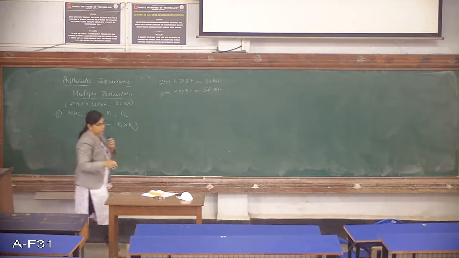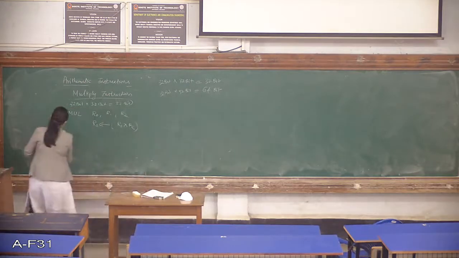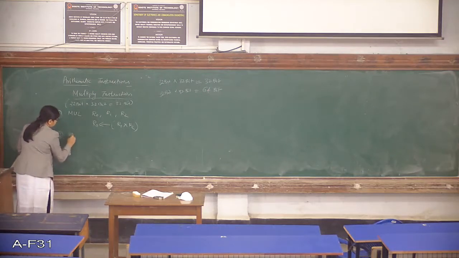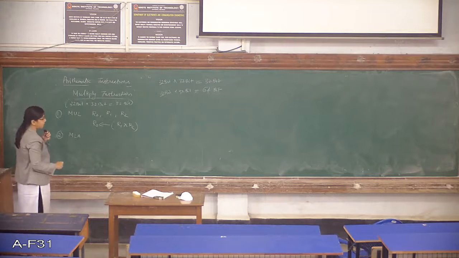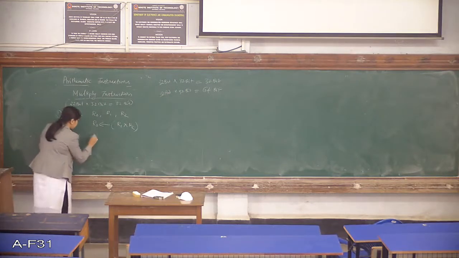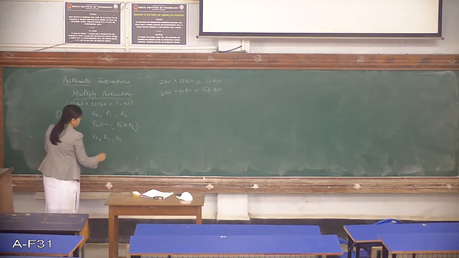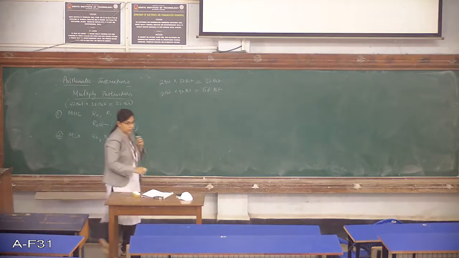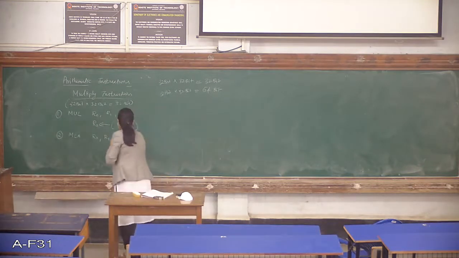After MUL, there is one more instruction called MLA. What does MLA stand for? MLA stands for multiply and accumulate. We write it as R0, comma, R1, comma, R2, comma, R3.